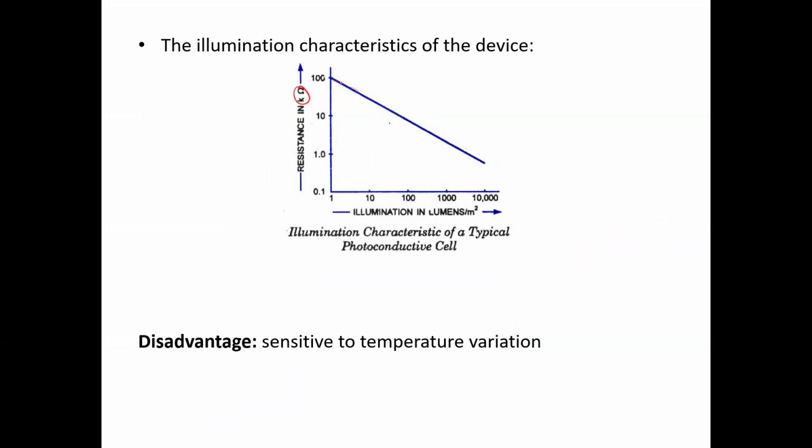So for the light received per unit area of a photoconductive cell, the change in resistance is significantly high. For a per unit change in light intensity, the variation in resistance is higher, which means that these devices can be used for small intensities of light as well.